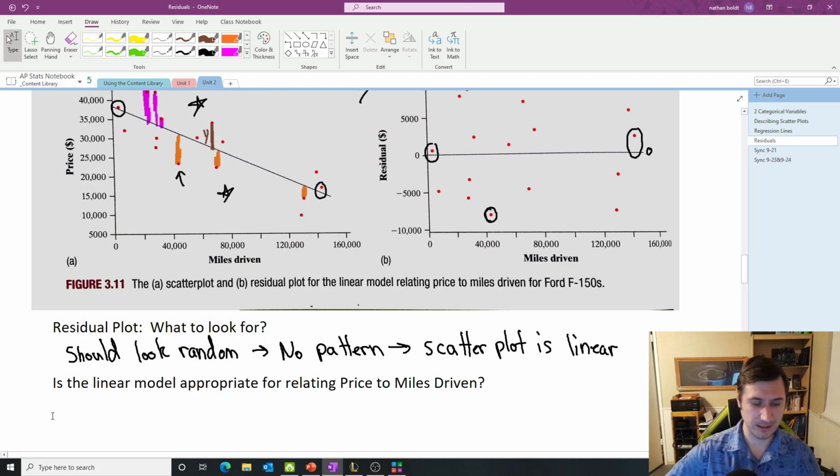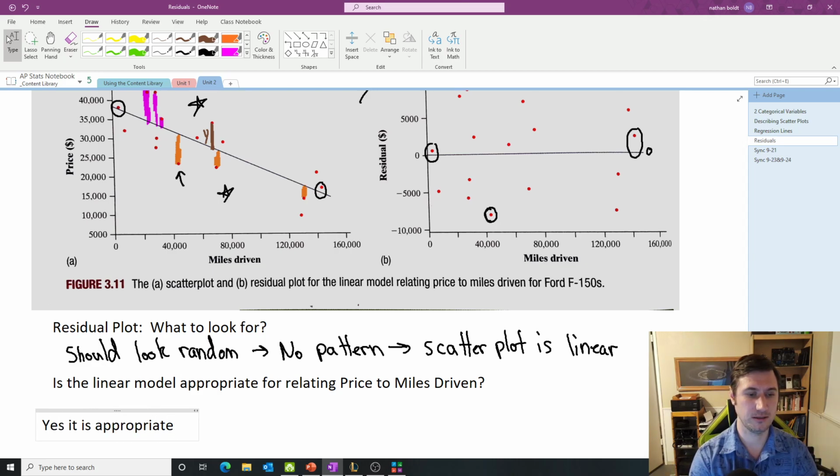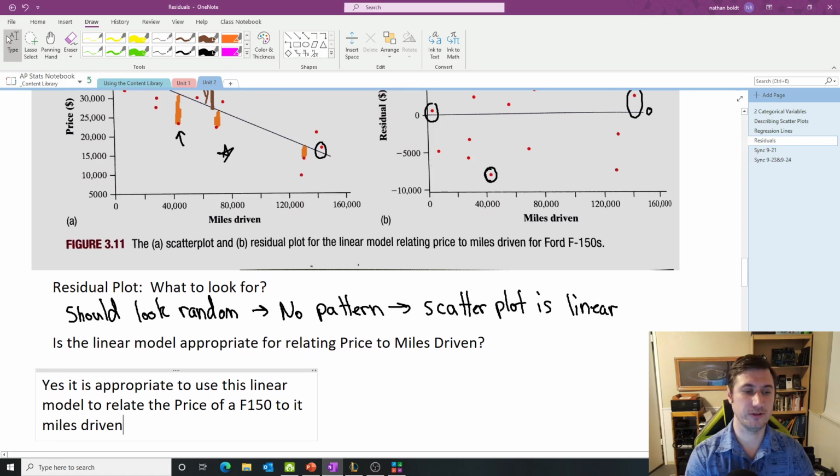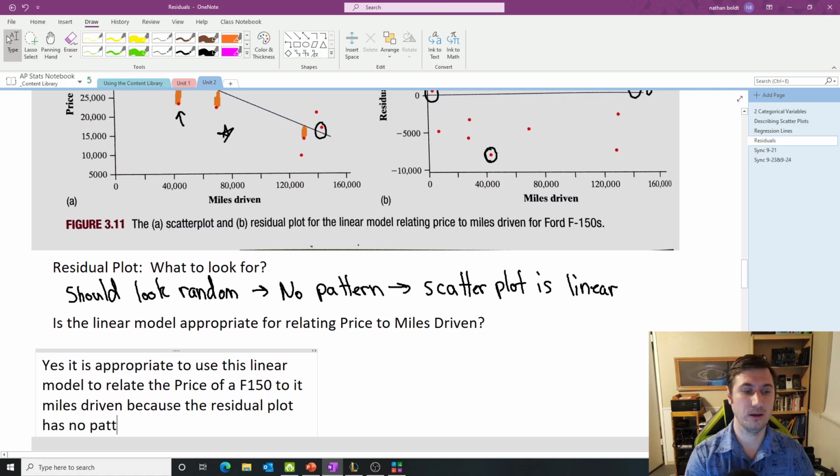So I would say, yes, it is appropriate to use this linear model to relate the price of a Ford F-150 to its miles driven, because the residual plot has no pattern.